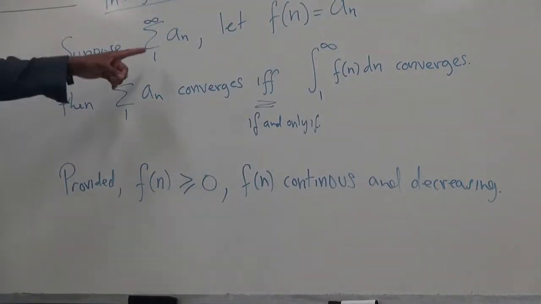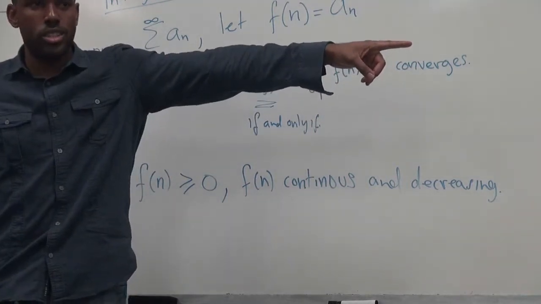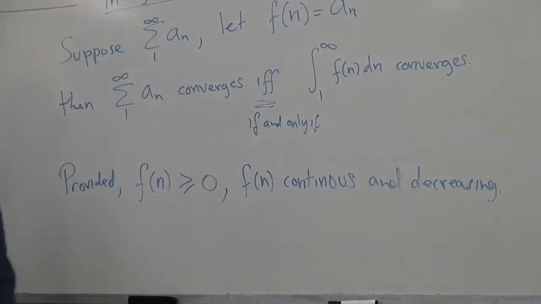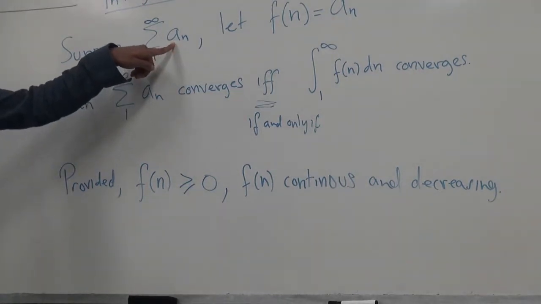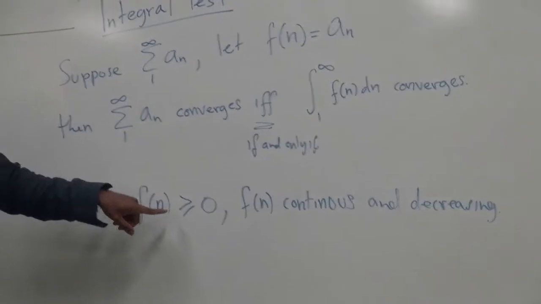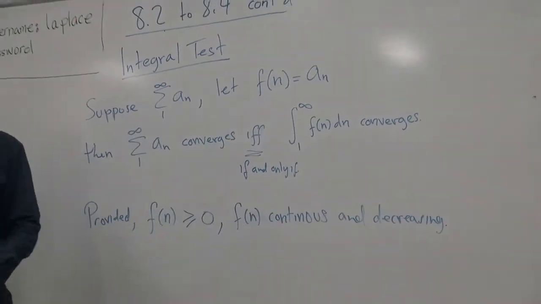Which means if you see a random series and the limit goes to 0, so you can't use the test for divergence, and it's not geometric, so you can't use a geometric series, one thing you can look at is the actual function itself. If it's continuous, decreasing, and always non-negative, and you can integrate it easily, you can do this test.